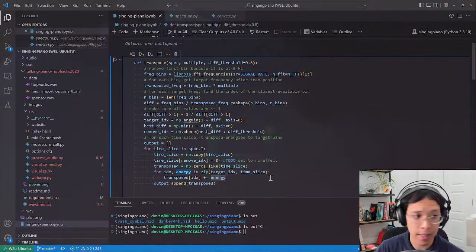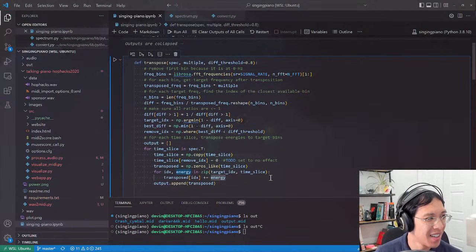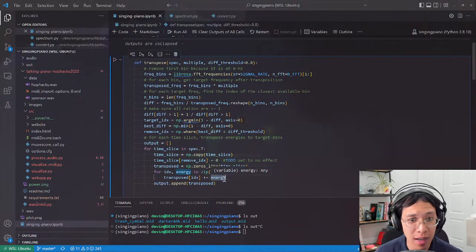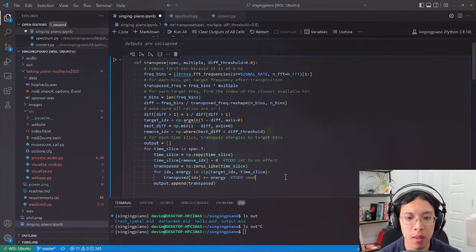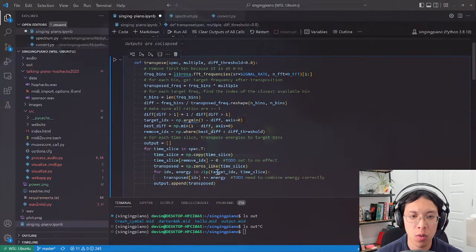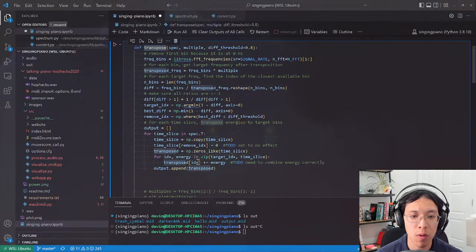And hopefully adding is the correct thing to do because there's like different ways to measure this energy. Like for example, if it's amplitude, if it's decibels, adding is the wrong way to do this because those decibels are already transformed to log space, right? So I'll say to do. Okay, so I'm not sure what the format is when I run transpose, so I'm just going to ignore that for now.